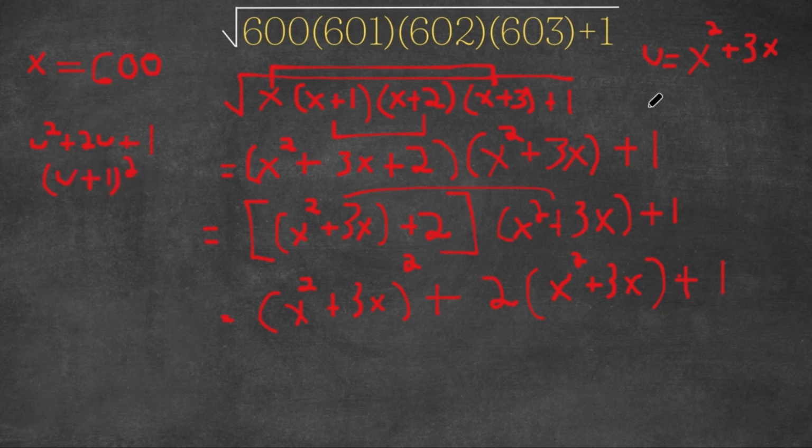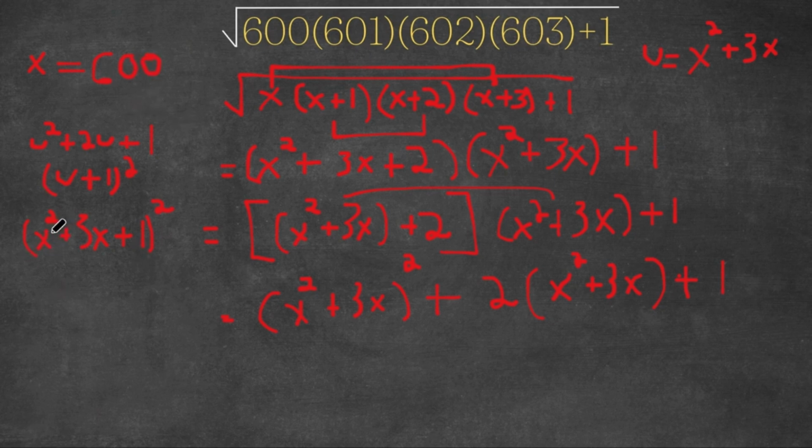So now, because we already know that u is equal to x squared plus 3x, let's fill in x squared plus 3x for u. So this would result in x squared plus 3x plus 1, squared. So now, as we know, x is equal to 600.